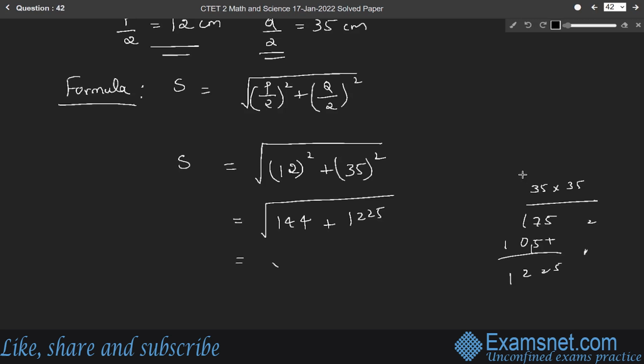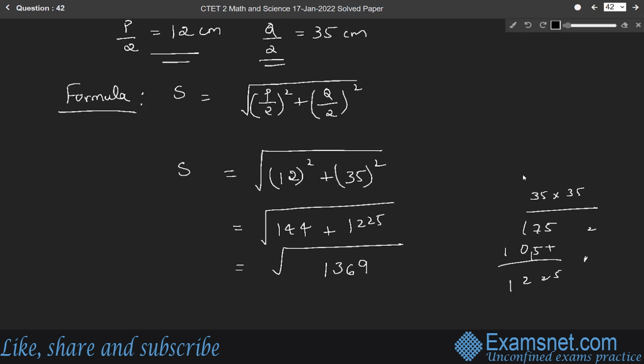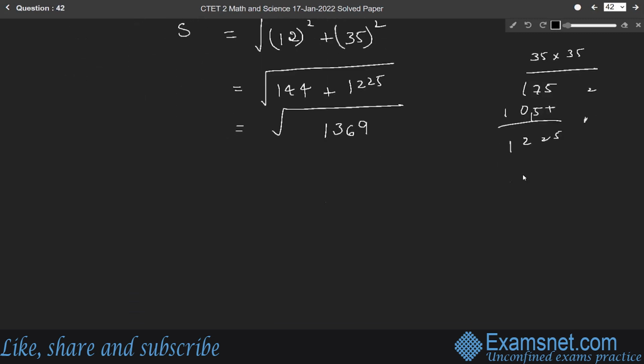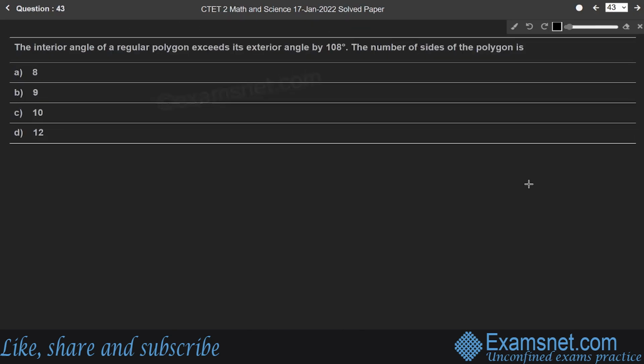So which is equal to square root of 1369. Square root of 1369 is 37. You can check the answer. So the length of a side of the rhombus is 37 centimeter. Hence option C.